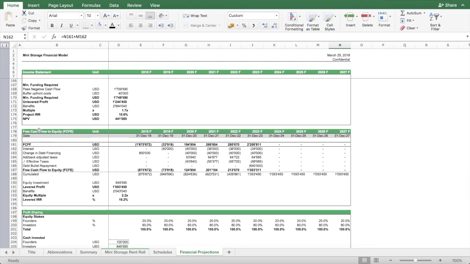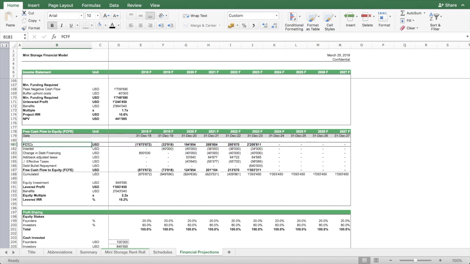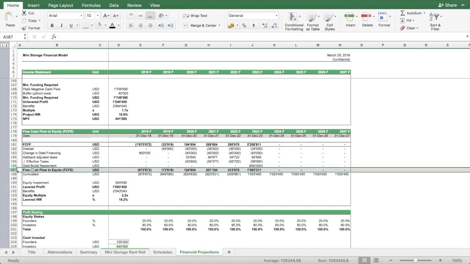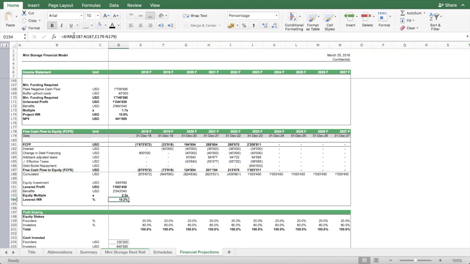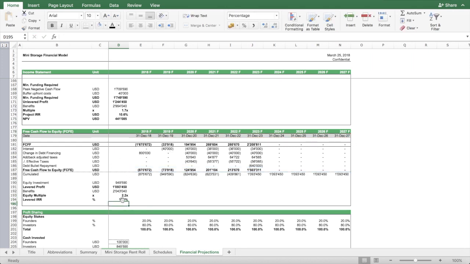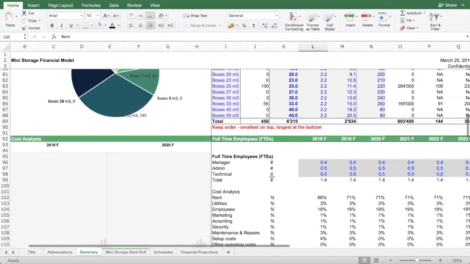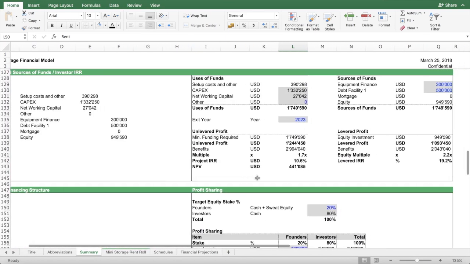Then the same analysis can also be done from an investor point of view. The difference is the debt financing. Investors benefit from leverage. So you have here the reconciliation. You start with free cash flow to firm, but at the end you are focusing on free cash flow to equity. And then you can use a similar calculation to figure out the levered IRR of the project, the levered profits, etc. And this gives you different multiples, which you then also find again in the executive summary.